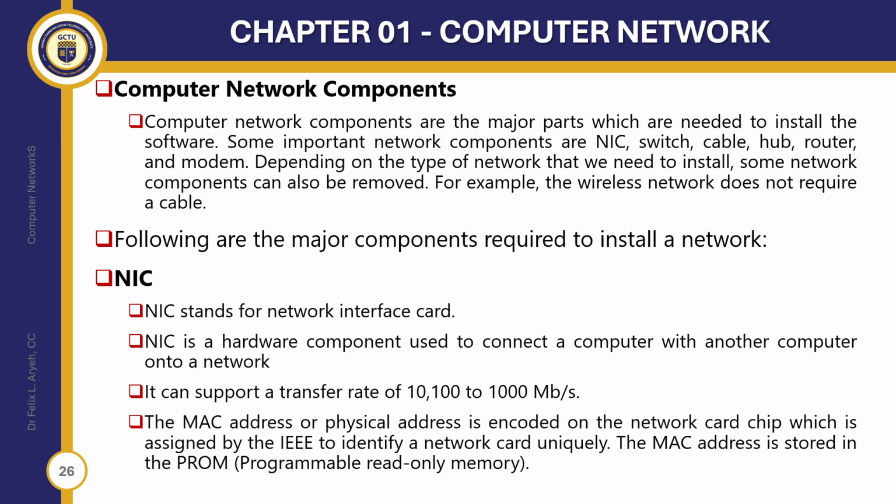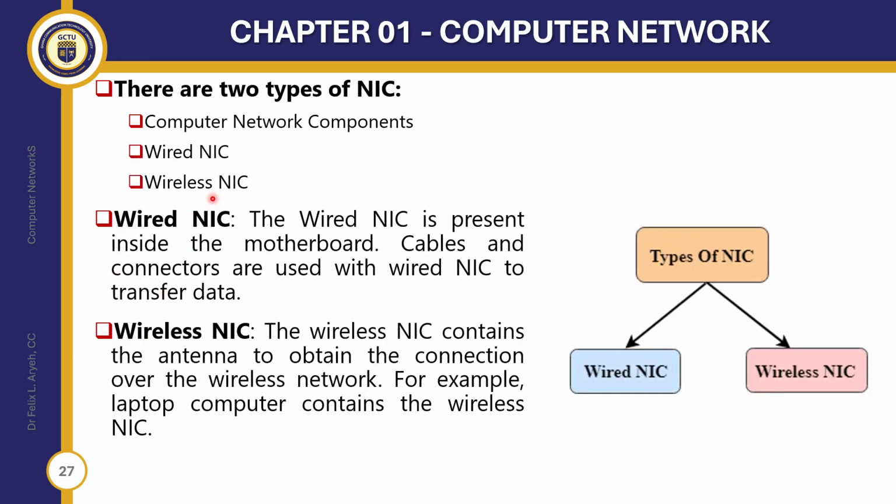Now, there are two main types of NICs, as I spoke about the last time. This is just a recap again. We have the wired NIC and the wireless NIC. The wired NIC is present inside the motherboard. Cables and connectors are used with the wired NIC to transfer data. The slot on your computer where you put in your network cable is the wired NIC, because you'll be using a wire to get connected onto the network.